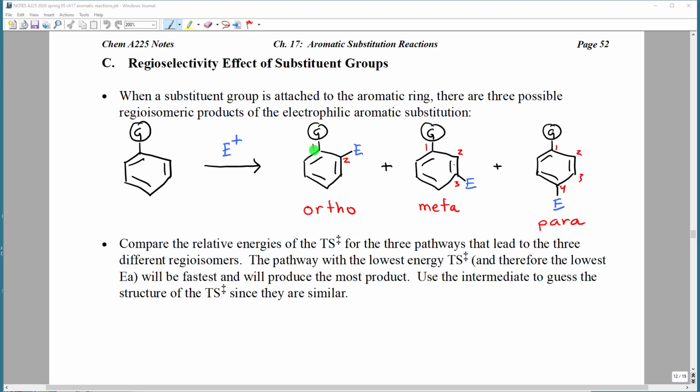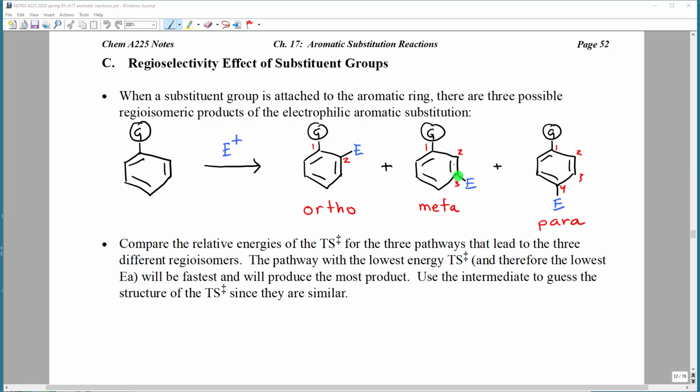So in relative numbering, starting with the group as number 1, this would not necessarily be the nomenclature numbering, but just saying, starting here as a point of reference, 1, count over 2. This would be the 1,2 constitutional isomer. We call this the ortho. That's an old-fashioned naming system.